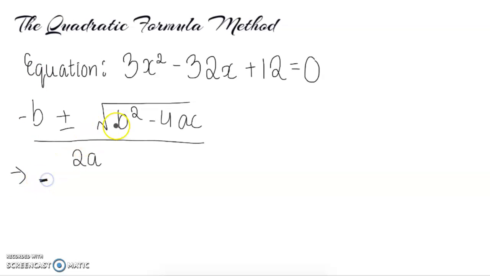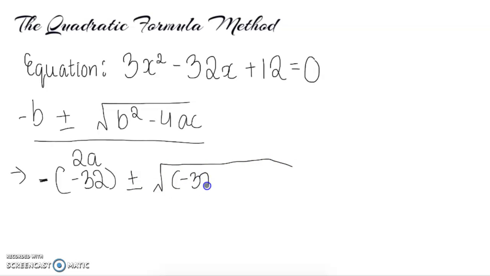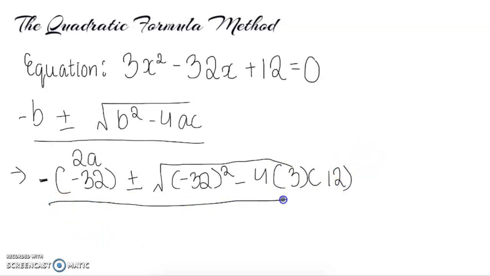So, when I substitute it, I get minus b is just minus 32, plus or minus root b squared, which is basically minus 32 squared, minus 4 into a, which is 3, into c, which is 12, all over 2 into a, which is 3.